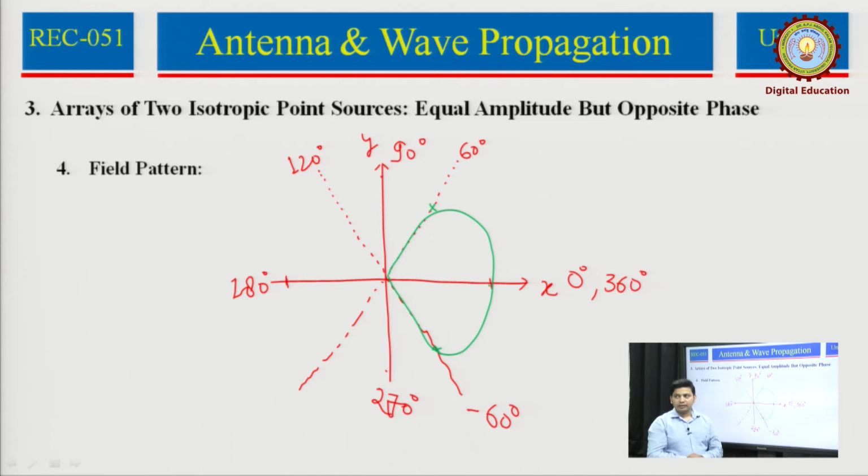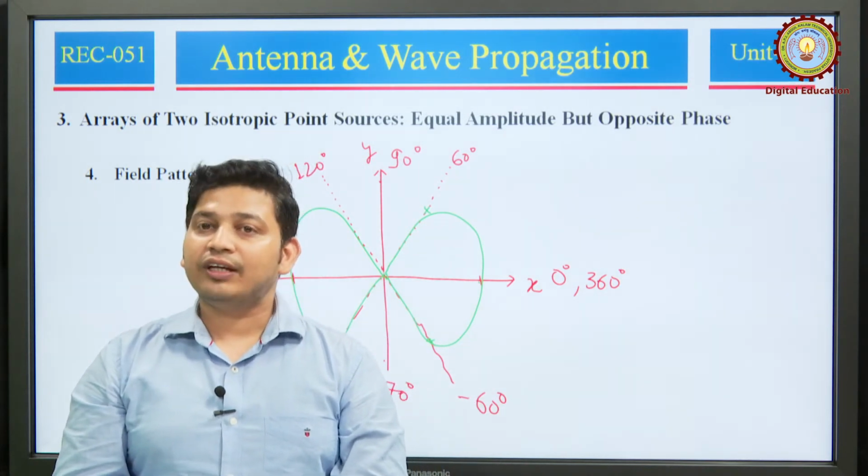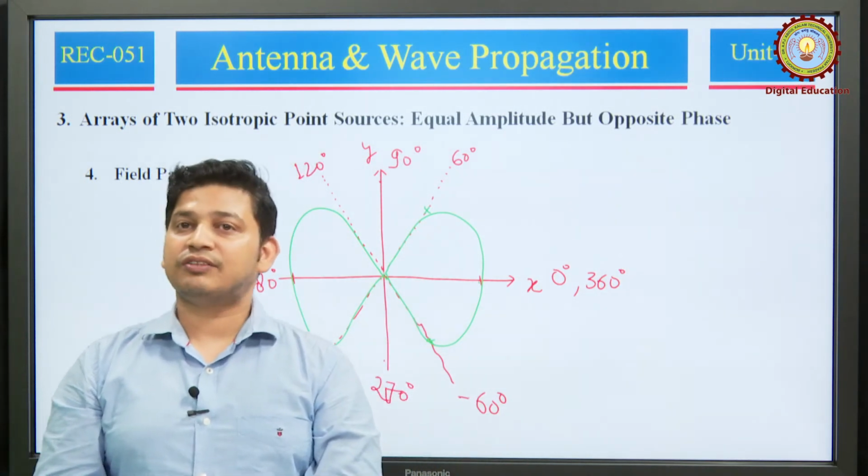It looks something like this, and same because of symmetry in nature, 120, 120. So, this is the radiation pattern, the electric field pattern, of an array of two isotropic point sources having equal amplitude but opposite phases.